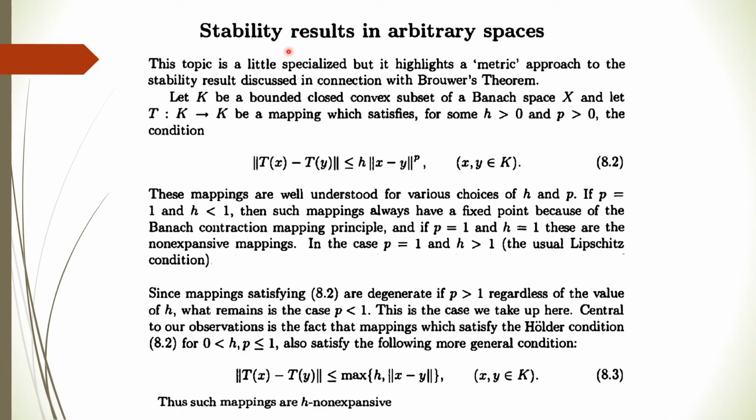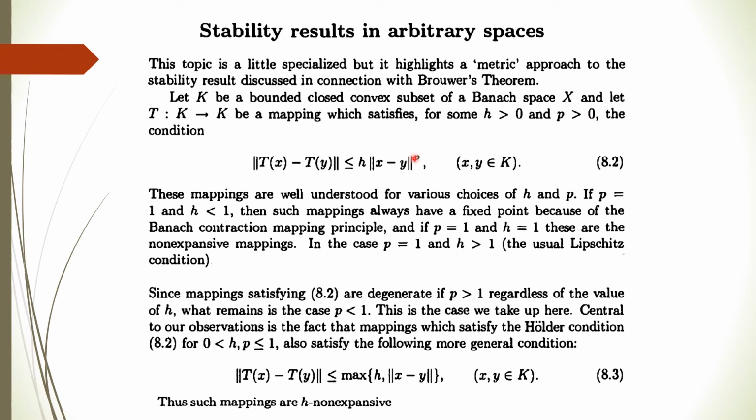Now the stability results in arbitrary spaces. This topic is a little specialized, but it highlights a metric approach to the stability results discussed in connection with Browder's theorem. So let K be a bounded closed convex subset of a Banach space, and T be a mapping from K to K satisfying this inequality for some h greater than 0 and p greater than 0.